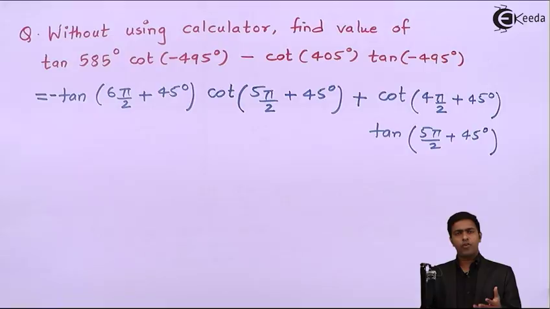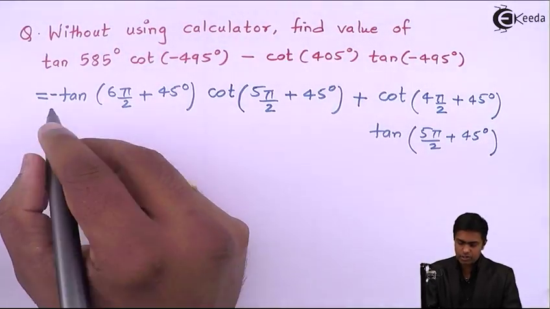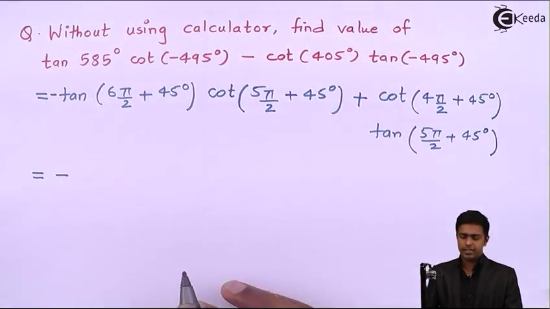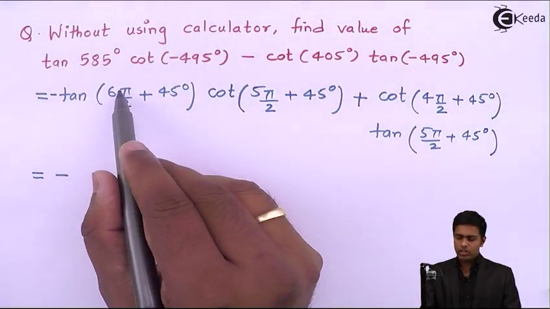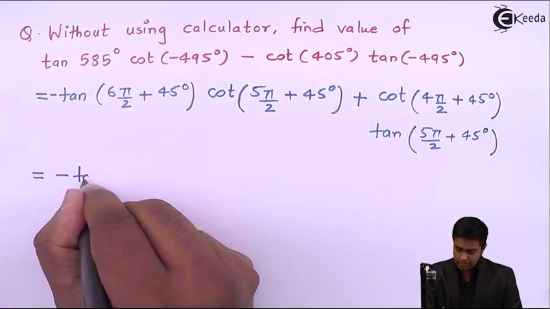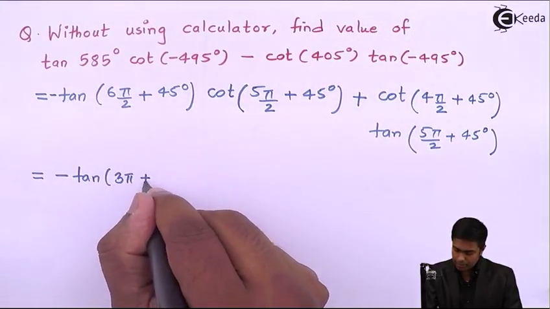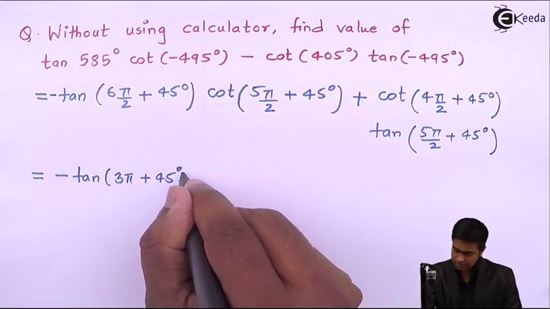Now let's follow the two steps, that is identify the quadrant and identify the sign. So let's start with first value. This negative sign is the original sign. Let's keep it as it is. Now this is tan of 6 pi by 2, so if I divide by 2 we will get tan of 3 pi plus 45 degree.